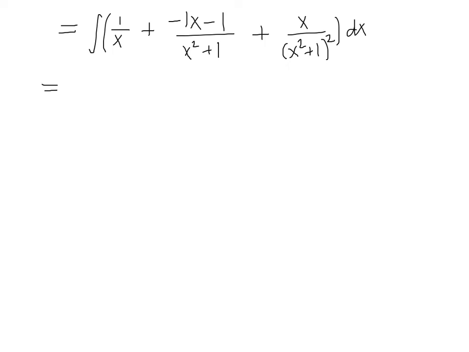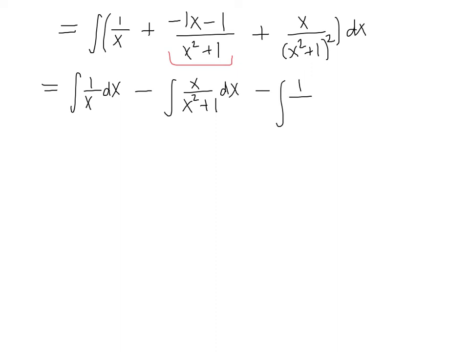Now that's the integral of 1 over x dx. We break this into 2, so minus the integral of x over x squared plus 1 dx, minus the integral of 1 over x squared plus 1 dx, and then plus the integral of x over (x squared plus 1) squared dx.